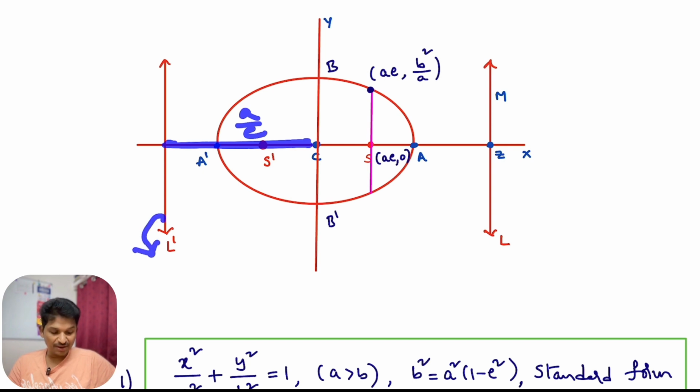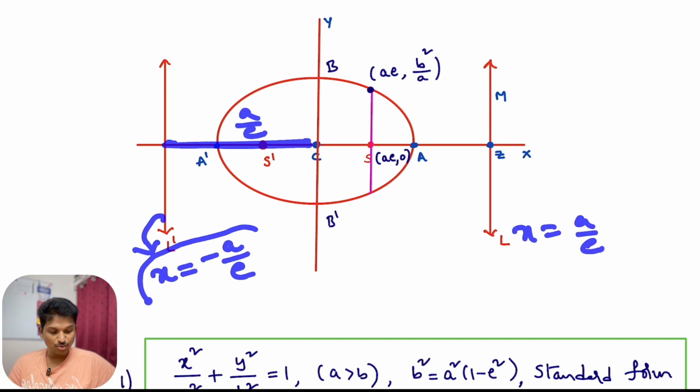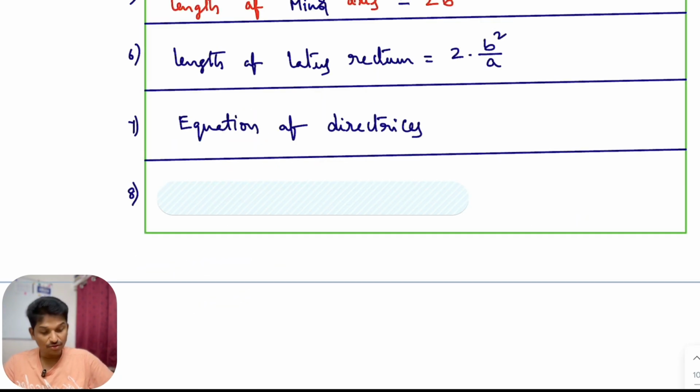This is parallel to the y-axis, so its equation starts with x equal to, and as it is on the left side of the origin, we write x equal to minus a by e. So one directrix is x equal to a by e, another is x equal to minus a by e. So the equations of directrices are x equal to plus or minus a by e.